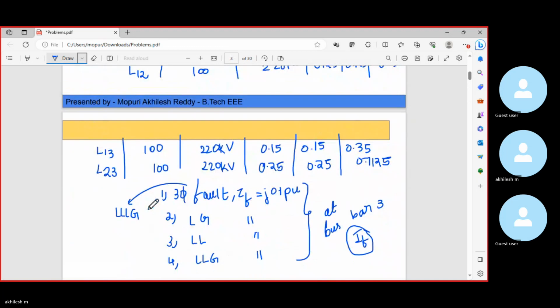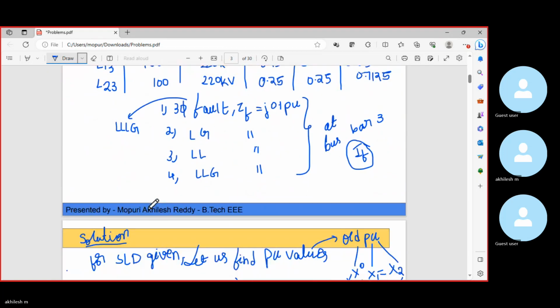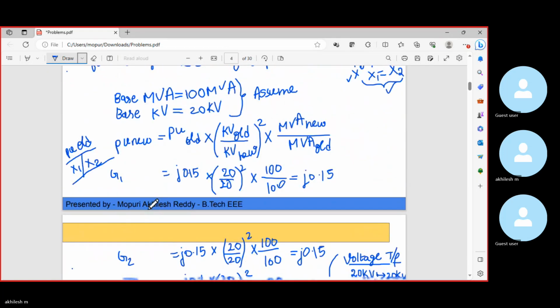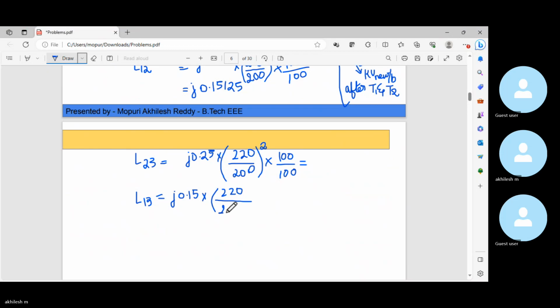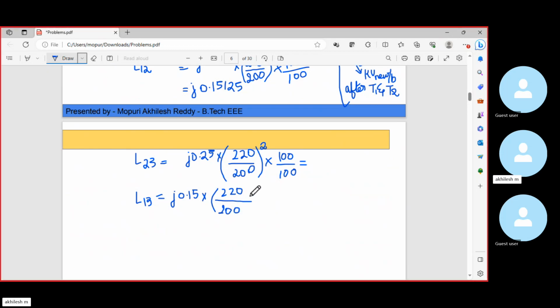It is 0.15. So j0.15 into 220 divided by 200 whole square into 100 by 100. Find out this also.